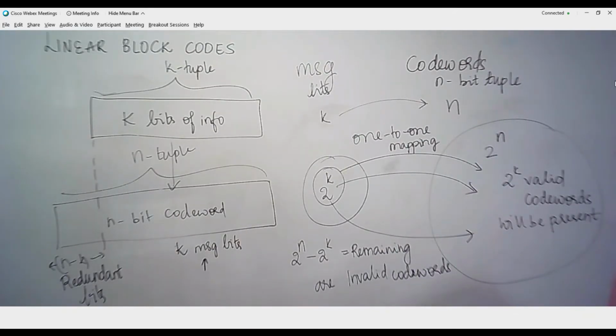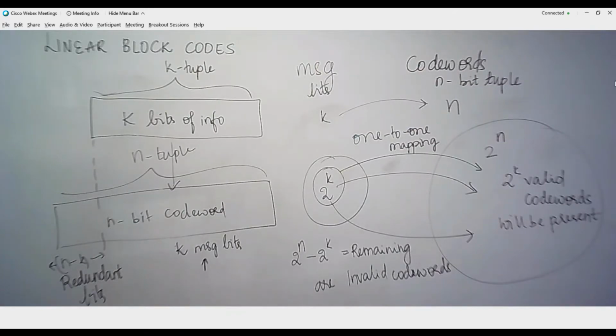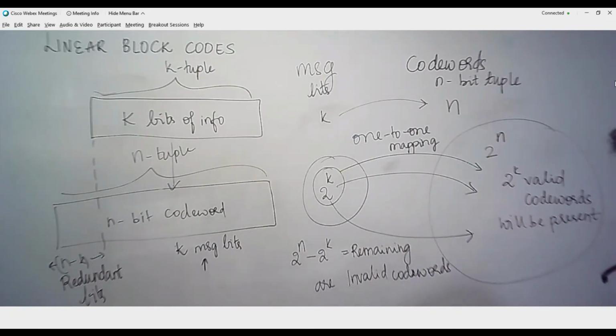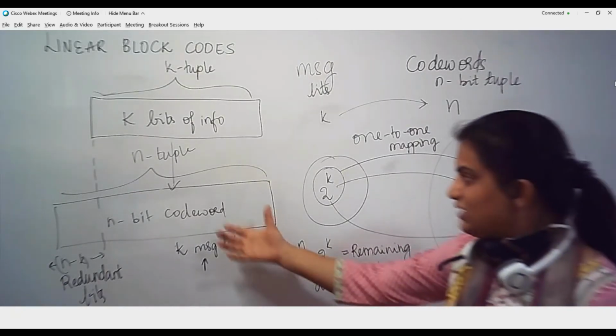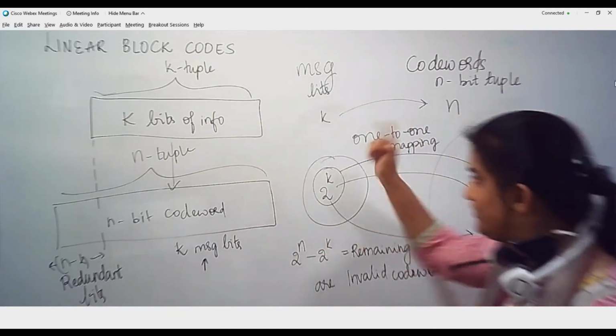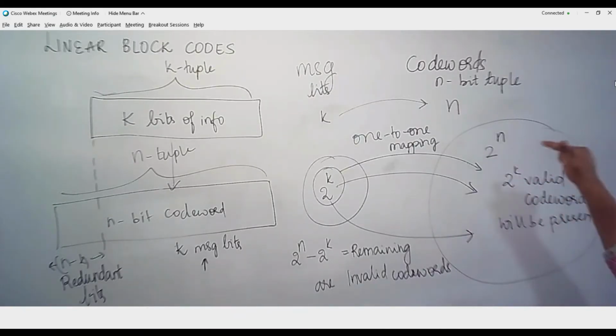Do you have any doubts so far? If you have any doubt, please make sure that you clarify it now itself, because though the concept of linear block codes is much easier, this is very important to know as a basic. For every k bit tuple, there will be only one n bit tuple which is the corresponding code word.